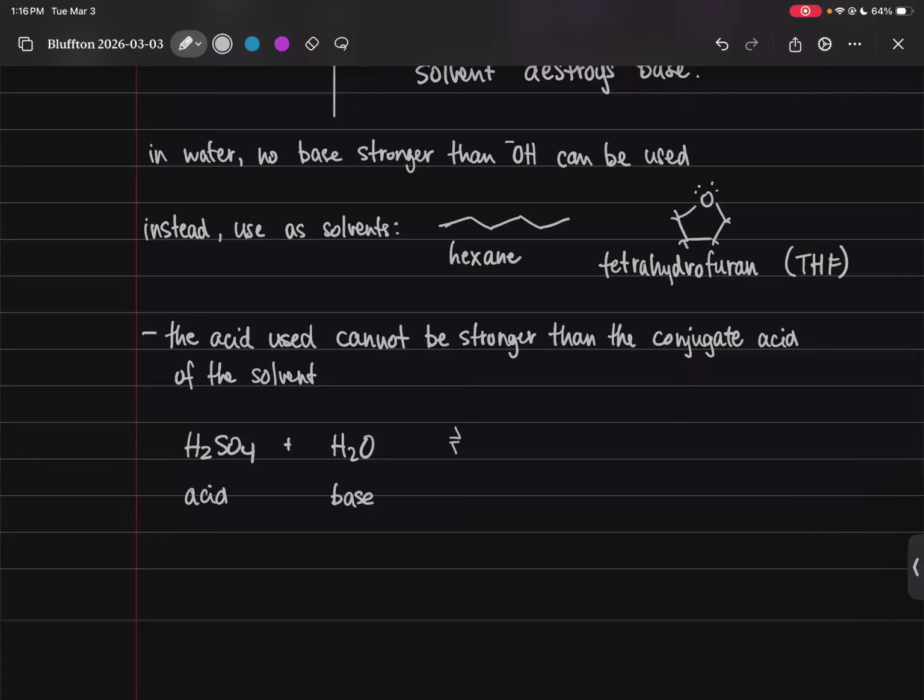The acid donates a proton to the base. So if we take H2SO4, remove H plus, we get HSO4 minus. That's the conjugate base. And then the conjugate acid of water, well, we know that that's H3O plus.